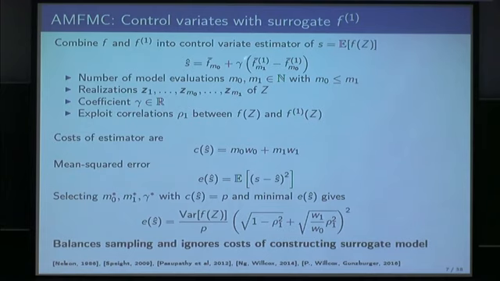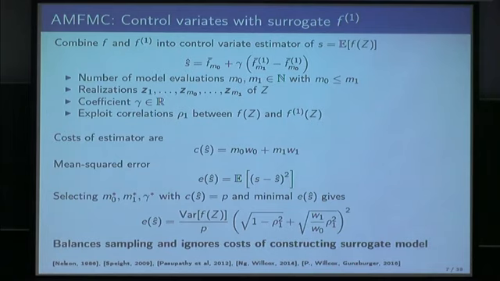And then we have a control term, and this control term comes from the surrogate model. It evaluates the surrogate model at m1 and m0 respective realizations of this random variable c. So m0 is the number of times we evaluate the high-fidelity model, m1 is the number of times we evaluate the surrogate model, and gamma is the control variate coefficient.